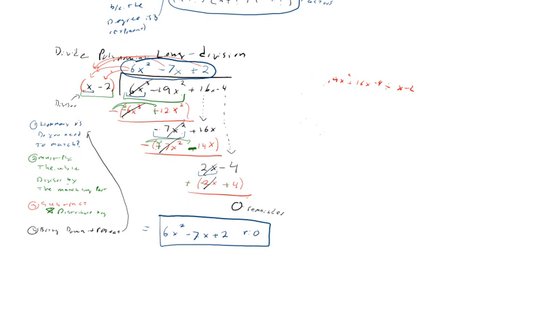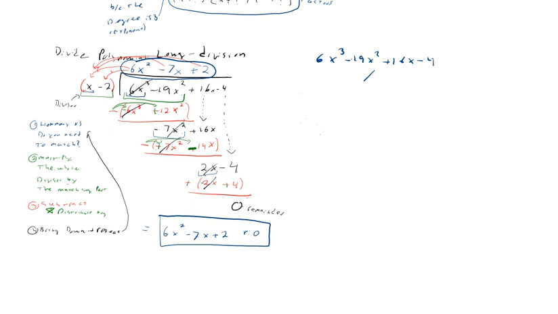A little bit better. So what I want to remind you of, right, what we did. This 6x cubed minus 19x squared plus 16x minus 4. What we did was we factored this into these two pieces, right?